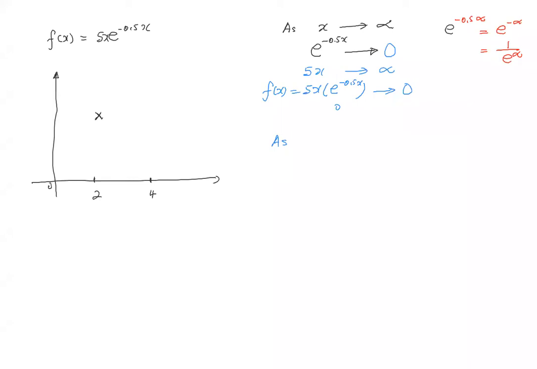So as x tends toward negative infinity, what happened to e to the power of negative 0.5x? Infinity. What happened to 5x? Negative infinity. Thank you. So therefore, my fx will tend toward negative times positive, negative infinity.